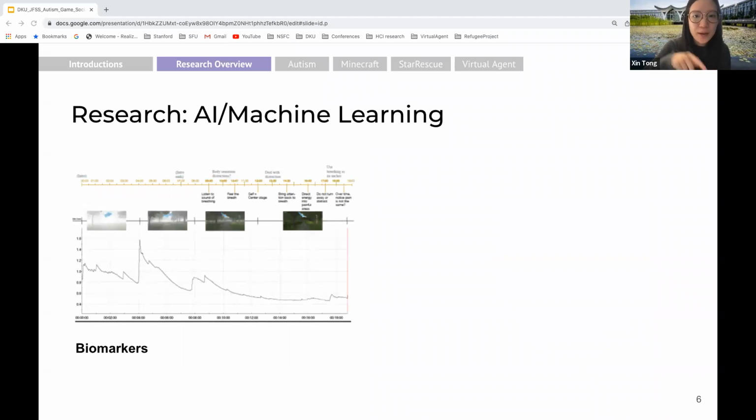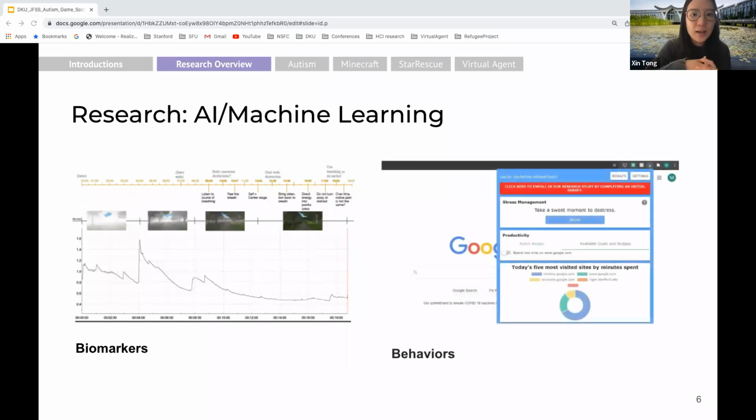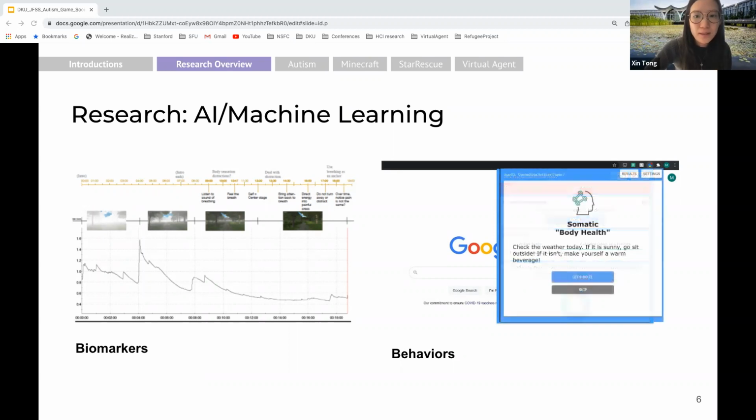Furthermore, I've also investigated how to deploy AI algorithms or machine learning models to support sensing, detecting, and predicting one's well-being conditions, such as stress levels, using biomarkers like skin responses, heart rate variability, etc. And also behaviors. For this one, it was a browser-based stress intervention.